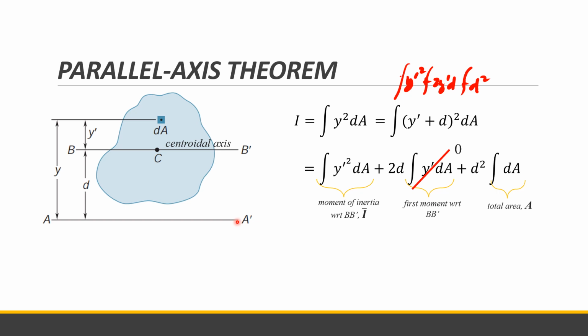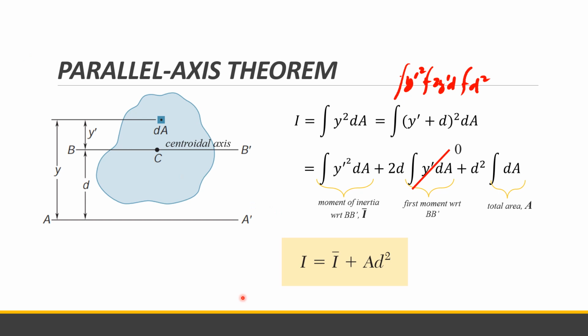Finally we observe, therefore, that the moment of inertia I is equal to the moment of inertia with respect to the centroid, which is called the centroidal moment of inertia I bar, plus area times d squared.